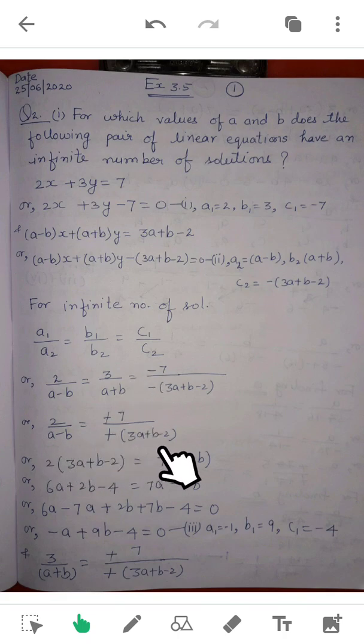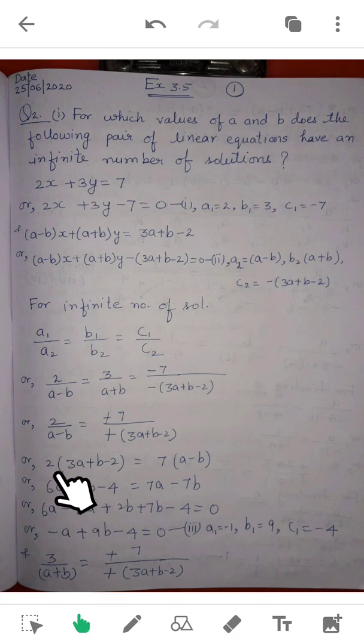Now we will simplify it and solve it. For solving, the minus sign will be cancelled out on the right hand side. And the 3a plus b minus 2 from the denominator of the right hand side, when we take it to the numerator of the left hand side, will get multiplied by 2.